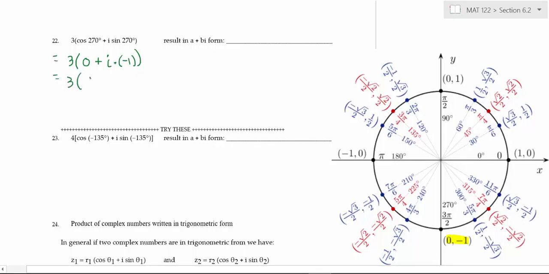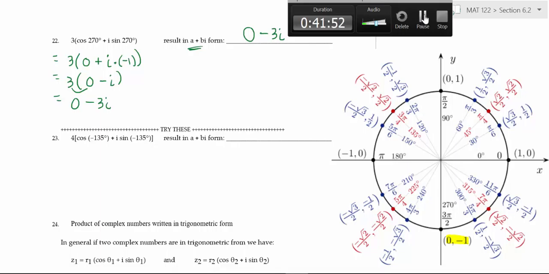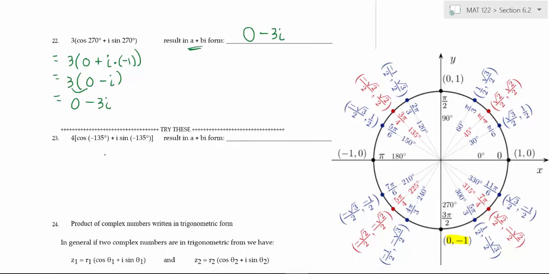So we're going to have 3 times 0 minus i, and then you can multiply that out, distributive property. 3 times 0 is 0. 3 times -i is minus 3i. And you want to write it that way. If I say write in the a plus bi form, you want to include that 0 when you do that, okay? All right, go ahead and try the next one.